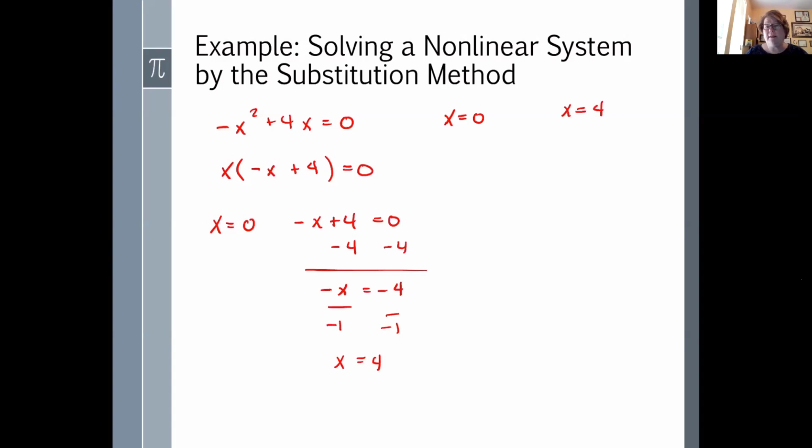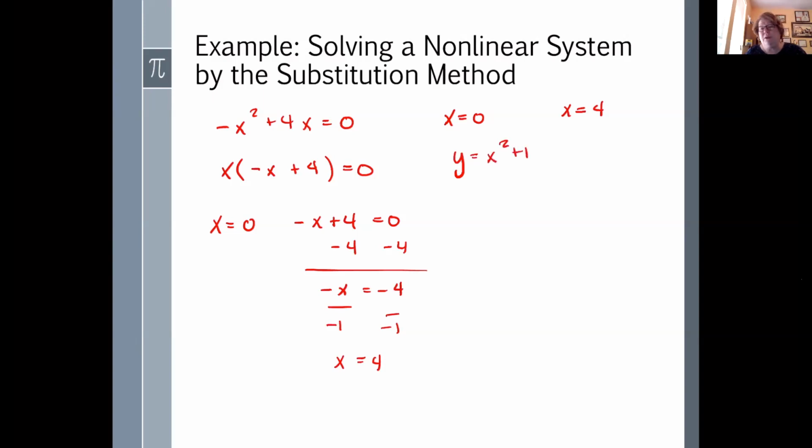Now I'm going to back substitute into one of the equations and solve for y. And I can use either equation that I want. I solved that first equation for y so that I could substitute into the second equation. So y is x squared plus 1.